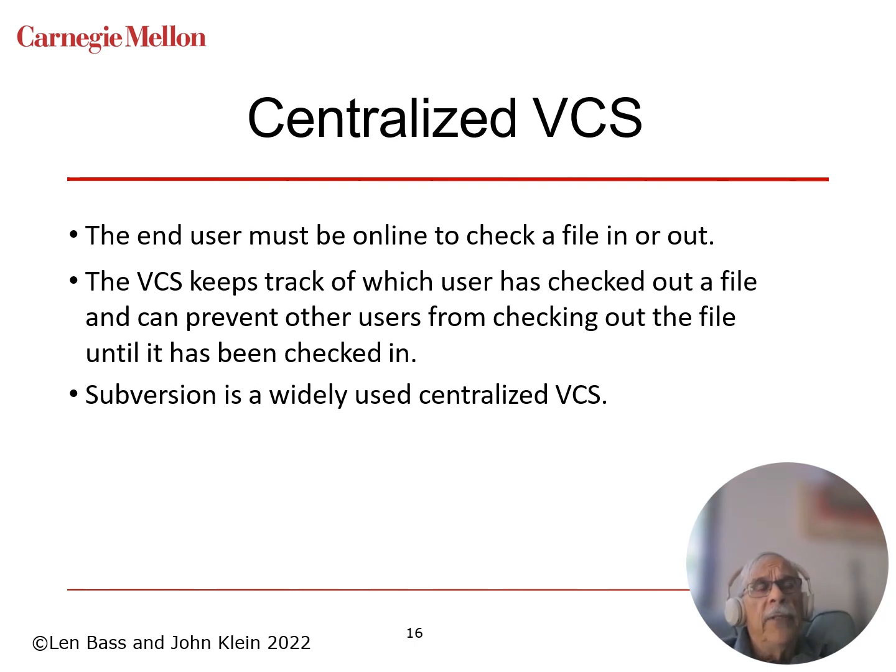But what a centralized version control system can do is lock that file. So you check out a file, then none of your teammates can check it out. So you can't have accidental overwriting or two people accidentally working on the same file. You can arrange it, but you can't do it accidentally.